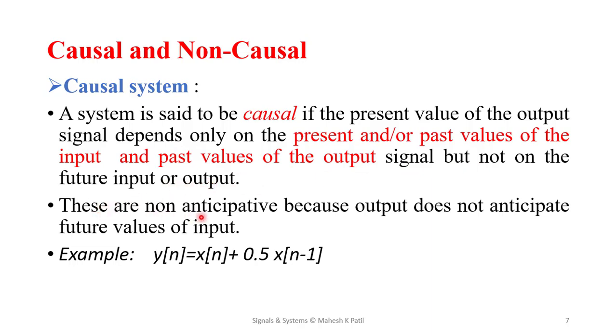So these are non-anticipative systems, because the system is not going to anticipate the future values of the input. You can consider the example here, y of n equal to x of n plus 0.5 x of n minus 1. This is an example of a causal system.